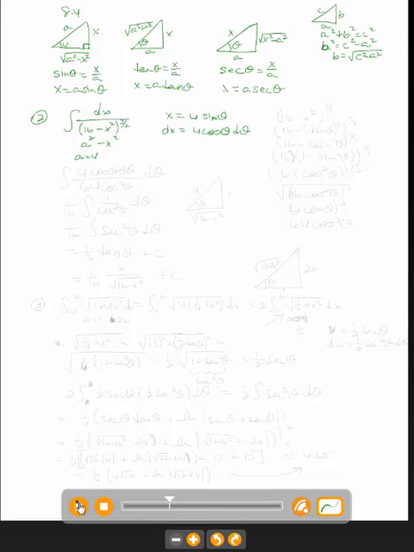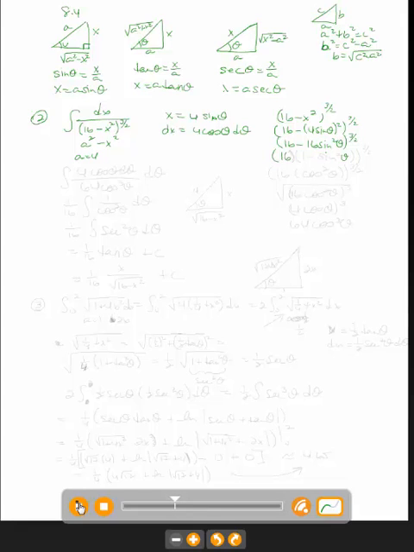Now, to simplify this mess, let's just look at that 16 minus x squared. 16 minus x squared to the 3/2 would then become 16 minus 4 sine theta squared to the 3/2, which would then become 16 minus 16 sine squared of theta to the 3/2.